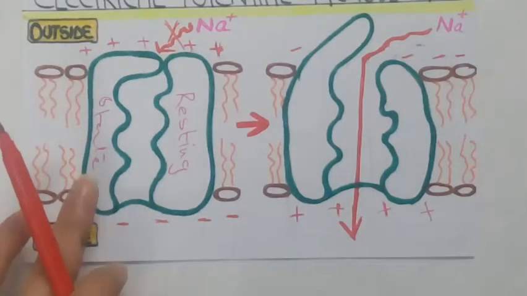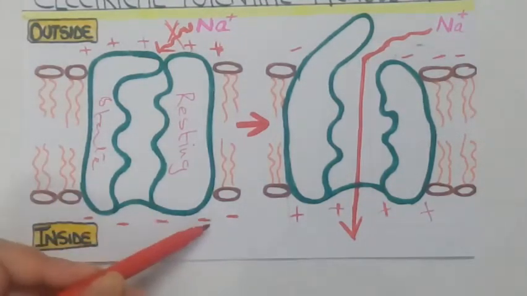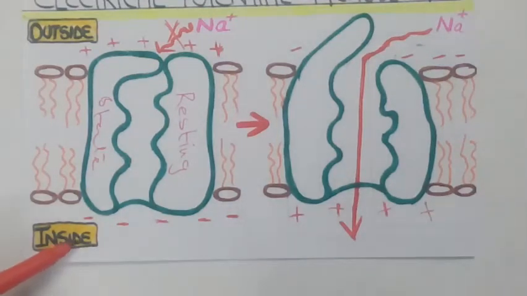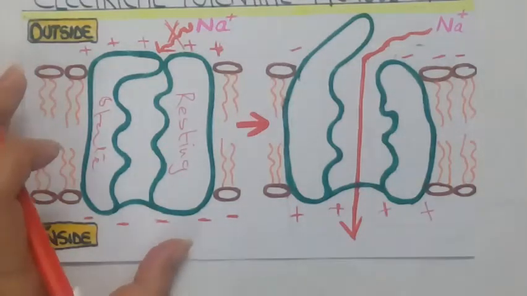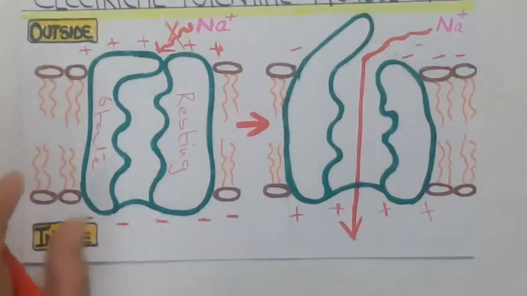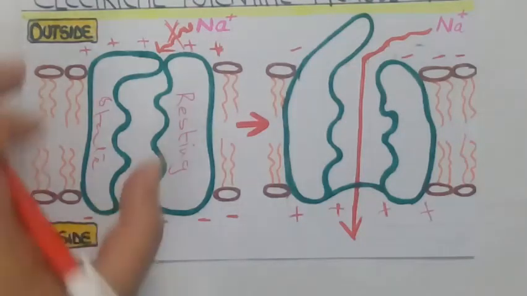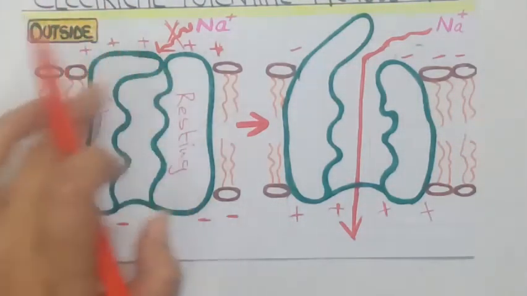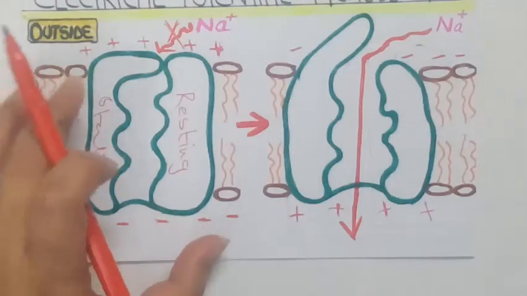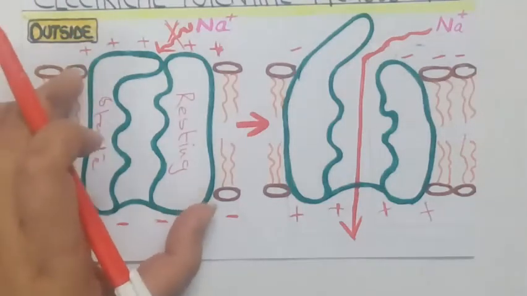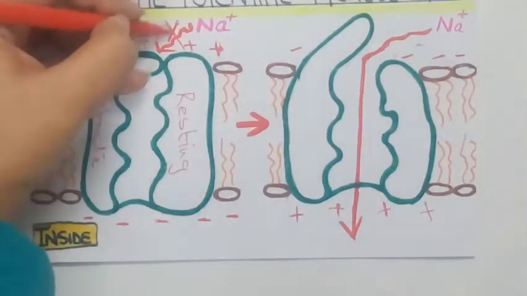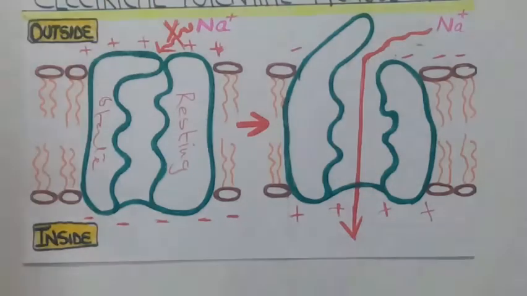In resting state, we have more negative charges on the inside of the membrane and more positive charges on the outside of the membrane. As a result of these charges, in resting state, the protein channel is closed. This channel is closed, due to which there will be no passage of the sodium ions.